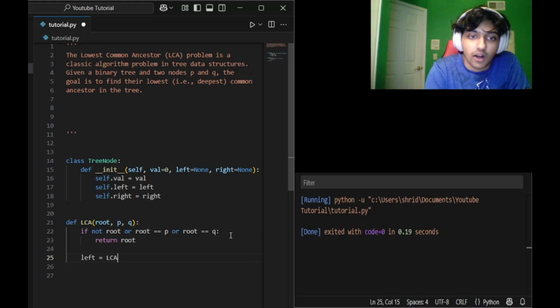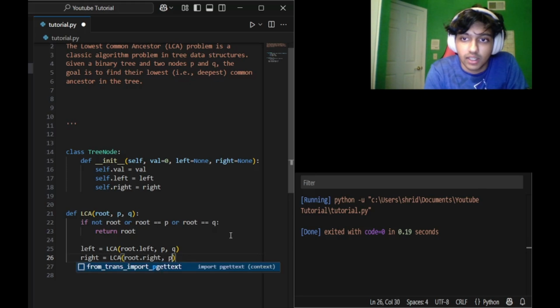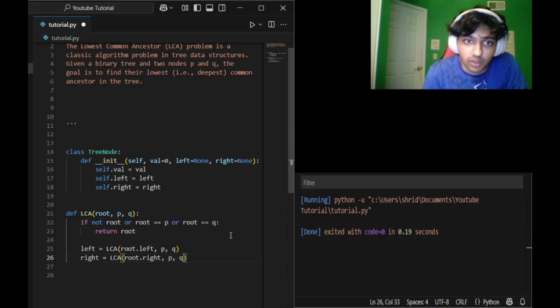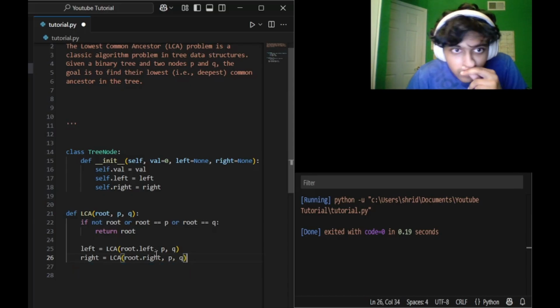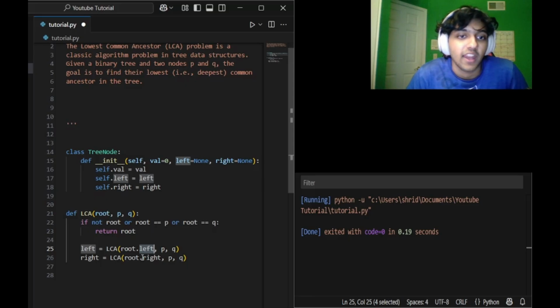So we're just going to call LCA of root.left P comma Q, and right is equal to LCA of root.right P comma Q. So if you saw what I did there, basically root.left is treating the left value as the root, and root.right is treating the right value of the root.